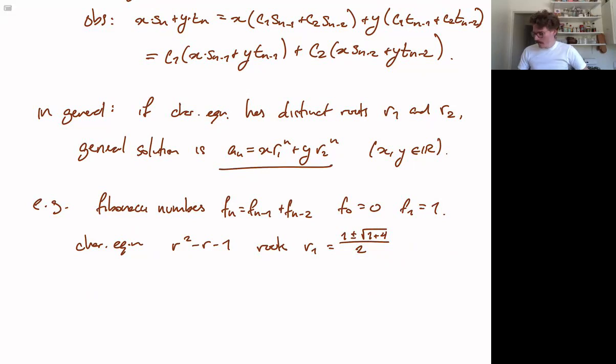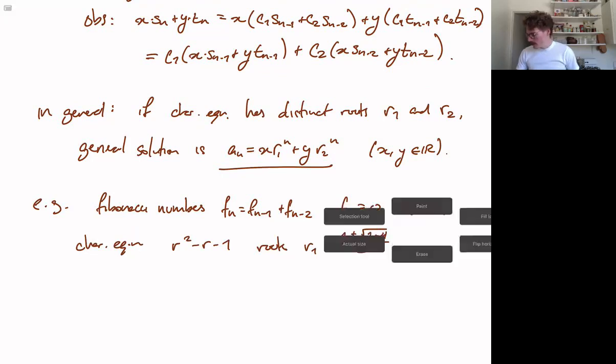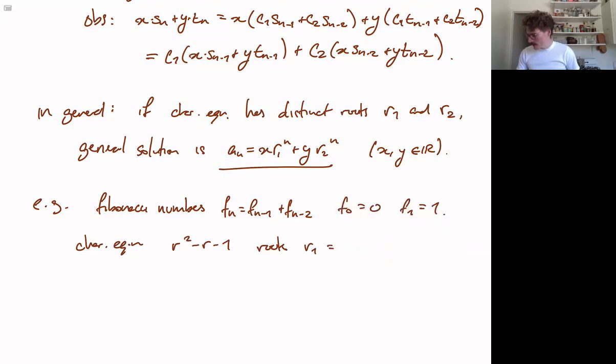So, right, these are our two roots of our characteristic equation. And let me go ahead and erase this and just simplify that down. It is 1 plus root 5 over 2 and 1 minus root 5 over 2. So we have two distinct roots, and we can apply the general rule that we just saw.